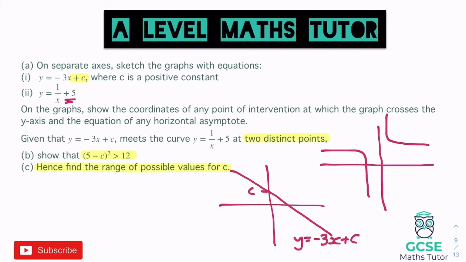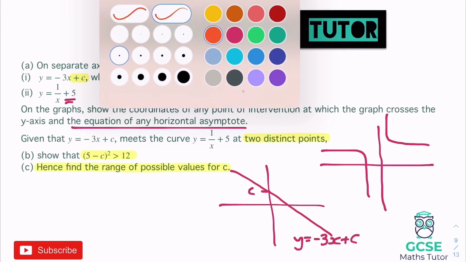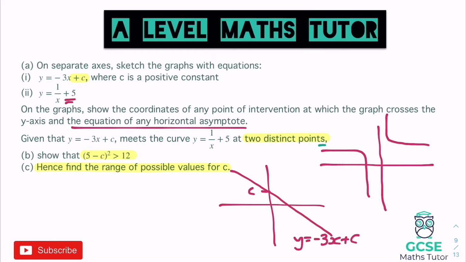Now for that particular graph there, again, that's not moved left and right, it's moved up, so it's not going to cross through the y-axis, but we have been asked here to write the equation of any horizontal asymptote. So if we draw the horizontal one going through, and let's just swap to this colour here, and we draw that through, there we go, that is going to be y equals 5. Obviously it would have been y equals 0 before, but as it's moved up by 5, it's now y equals 5. So there we go, there's our two graphs, there's our sketches done.